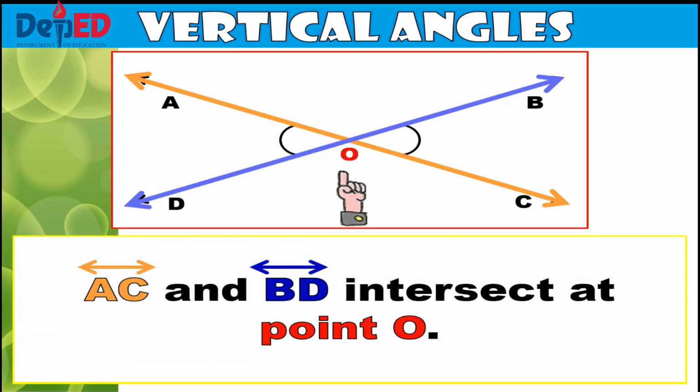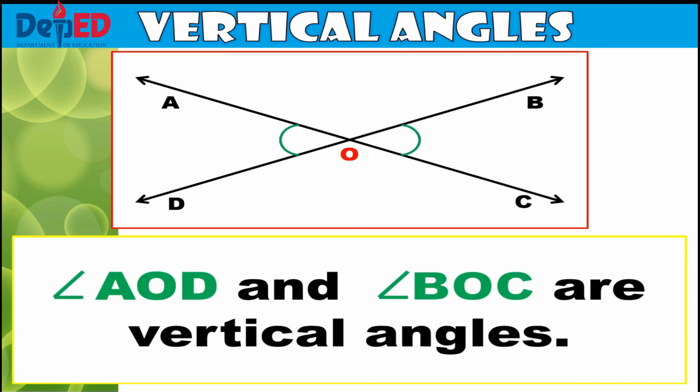Line AC and line BD intersect at point O. Angle AOD and angle BOC are vertical angles. And angle AOB and angle DOC are also vertical angles.